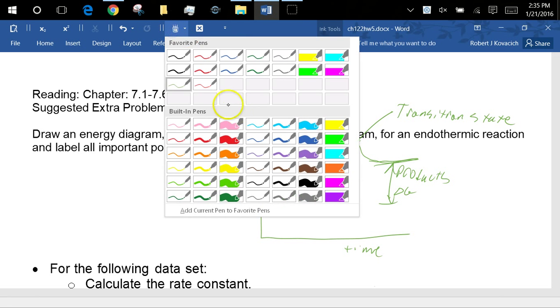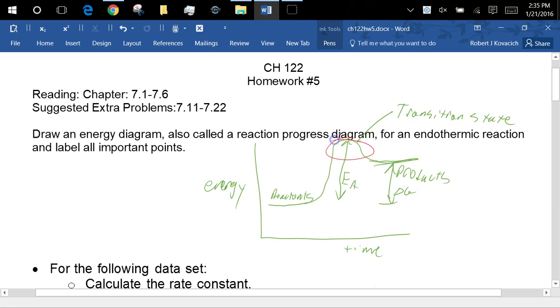So what's happening in this transition state area? What's this activation energy being used to do?